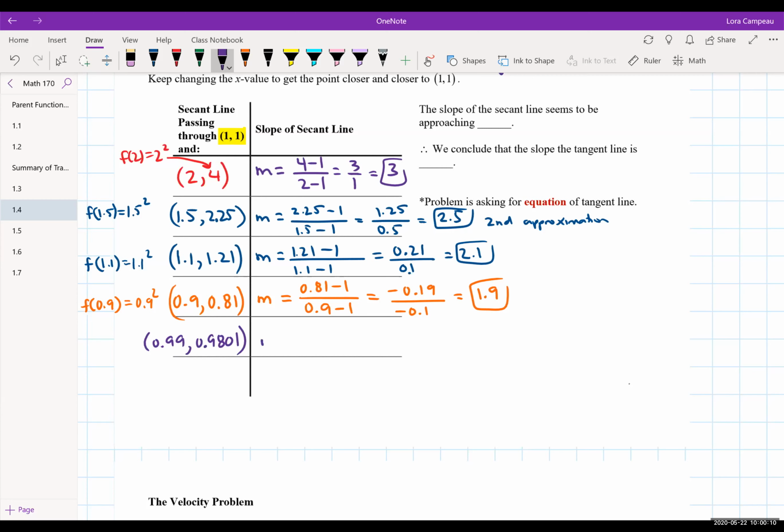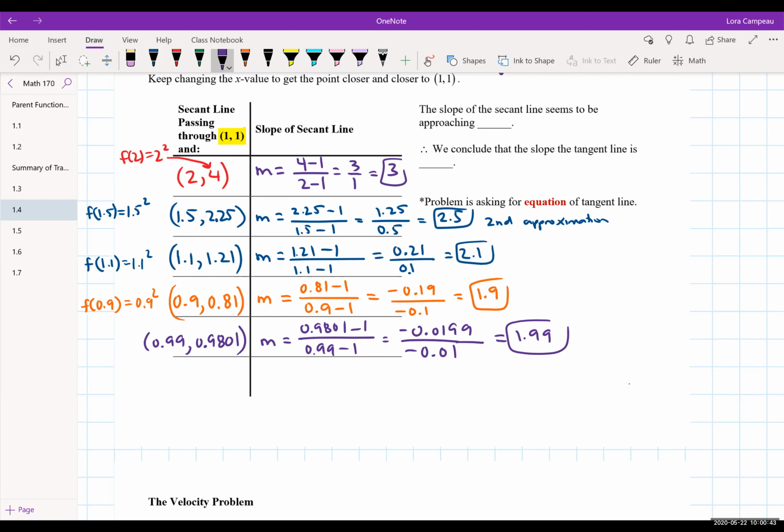And again, if we take the time and do the computation of the slope, differences of the y's over the differences of the x's, I'm going to get a negative y value in the numerator, 0.0199. And in the denominator, I get negative 0.01. And if we do the math, we get positive and we get 1.99.